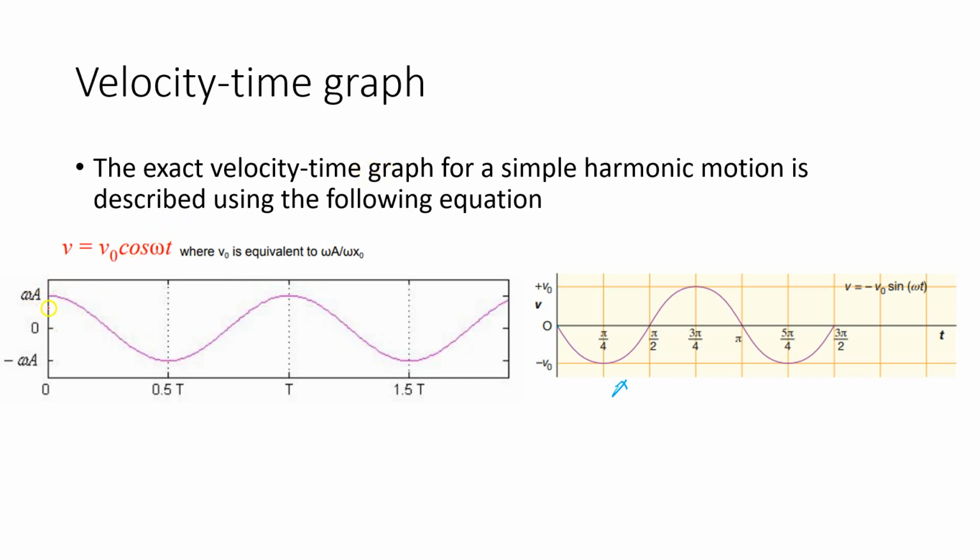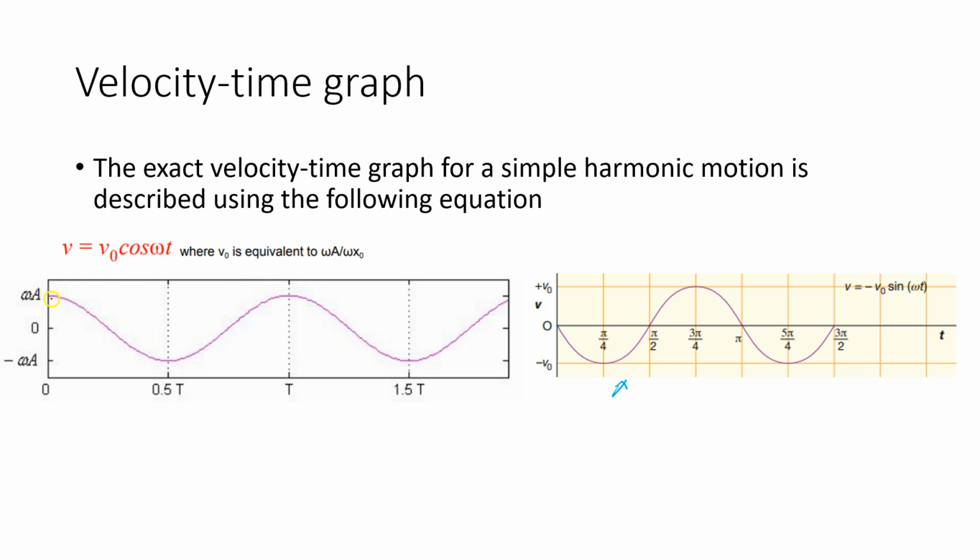Now, for this particular graph, we said that this one represents when the object is starting at the equilibrium position. At equilibrium position, we're essentially saying that the velocity is going to be its maximum.